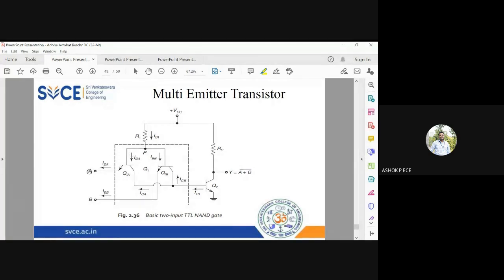So when I give 0 here, this transistor will not function. There will be no base current going to Q2, which means Q2 will also be off. When Q2 is off, it is just like an open circuit, so whatever voltage is appearing here will appear across Y.